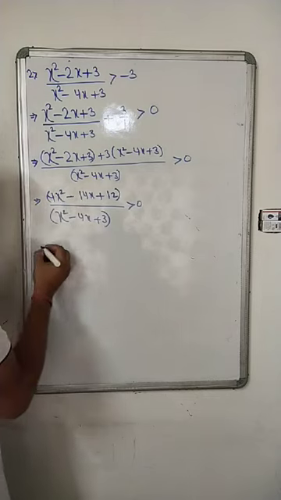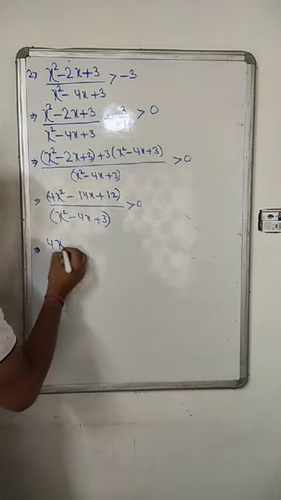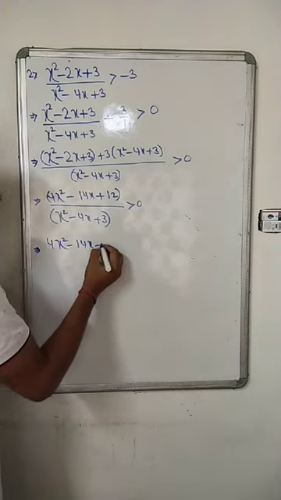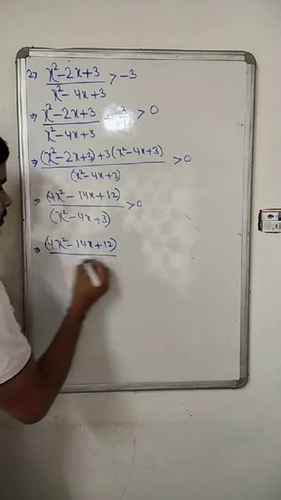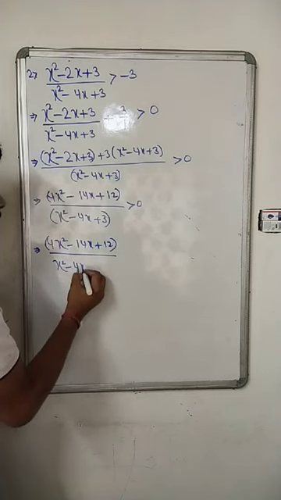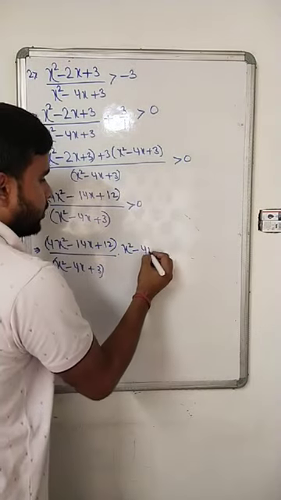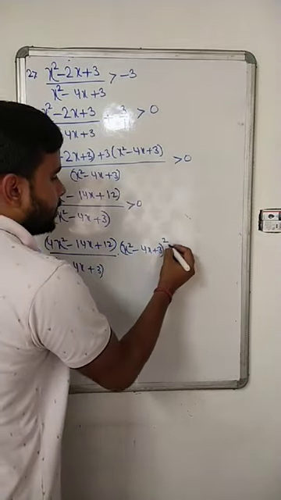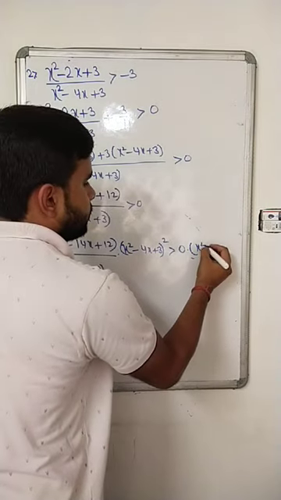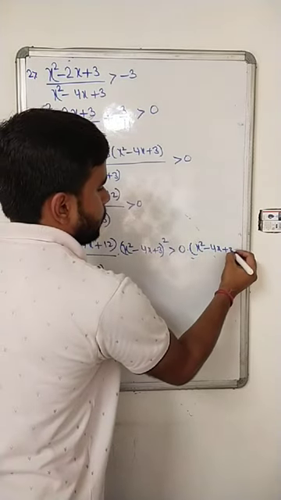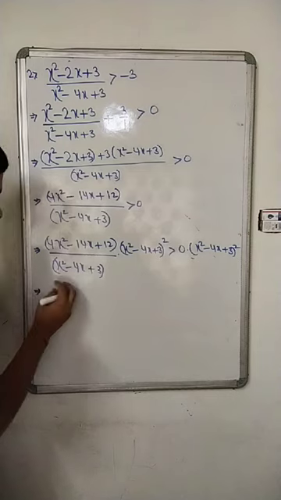So what will I do here? Pay attention. I'll multiply the left hand side as well as the right hand side both by the square of the denominator. I cannot cross multiply, so I'll multiply by its square. One factor cancels.